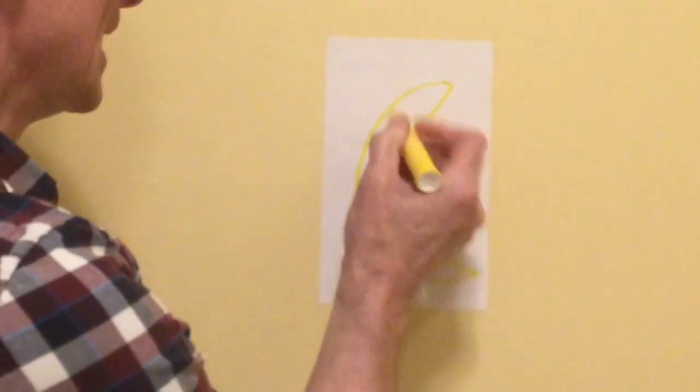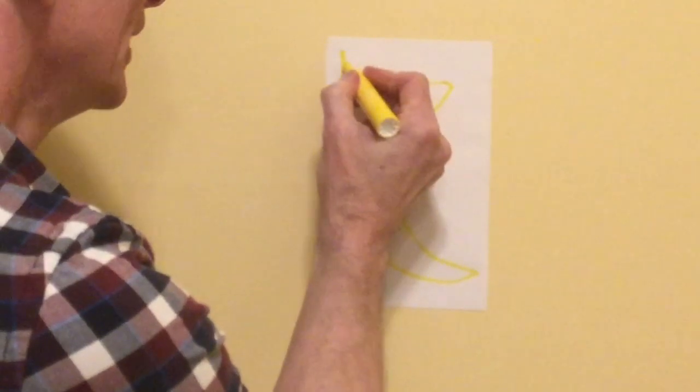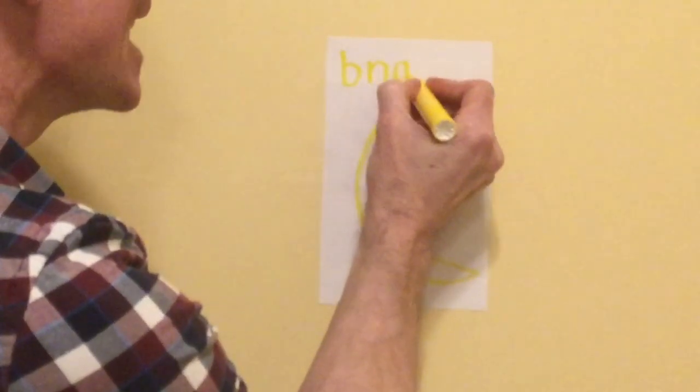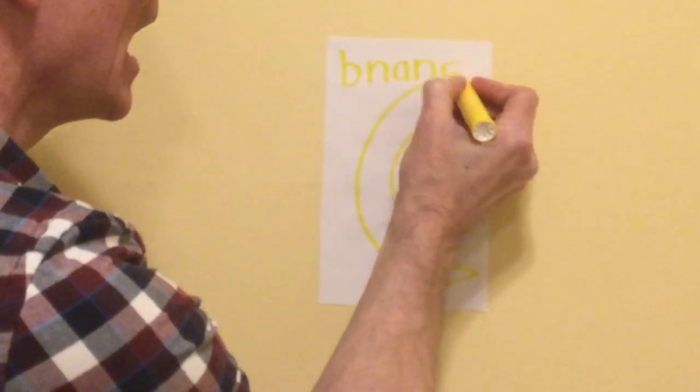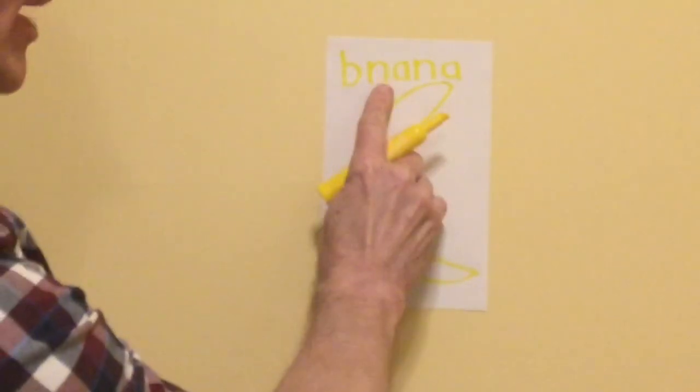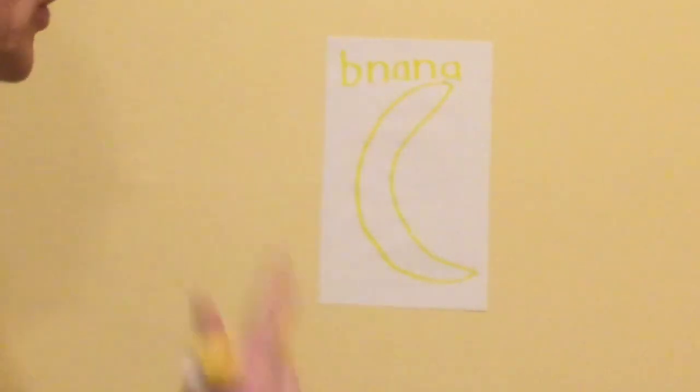Kind of like the moon, too. Okay, let's write banana. Banana. Oh, look, there's like a pattern in there. N-A-N-A. I hope you can see that.